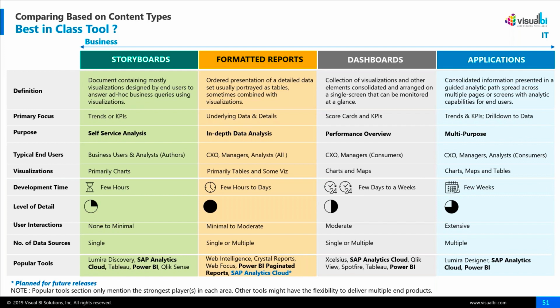Now, one thing important to note, Power BI is already there since they made the Power BI paginated reports. They recently announced Power BI apps as well. So you can see how the competition is shifting from being data discovery and stories and simple dashboards, how the ability to provide multiple contents is becoming a deciding factor.